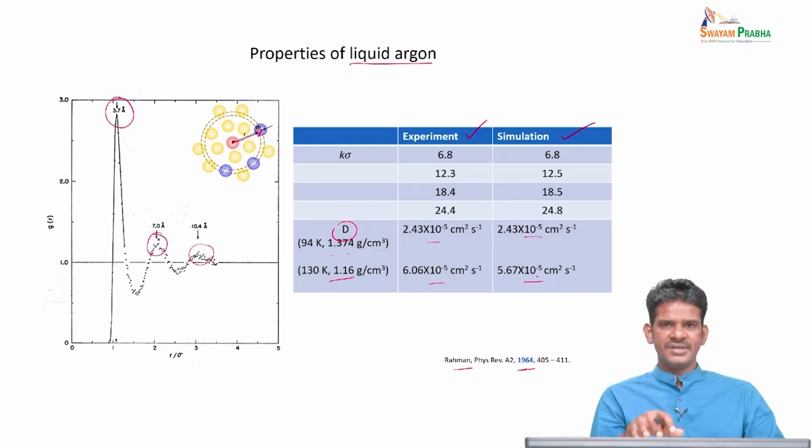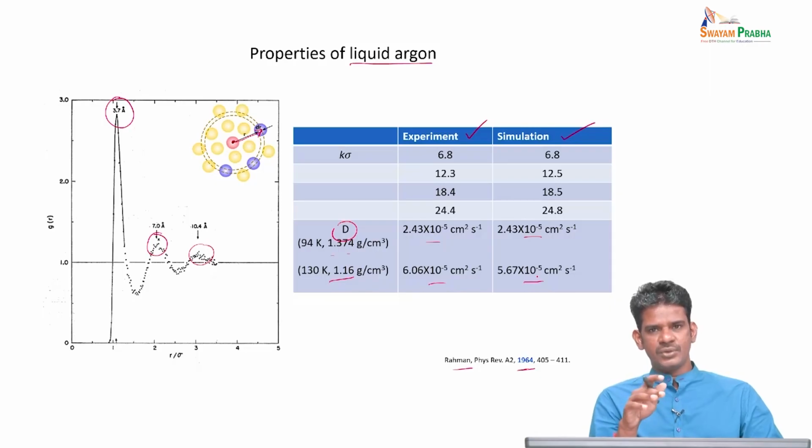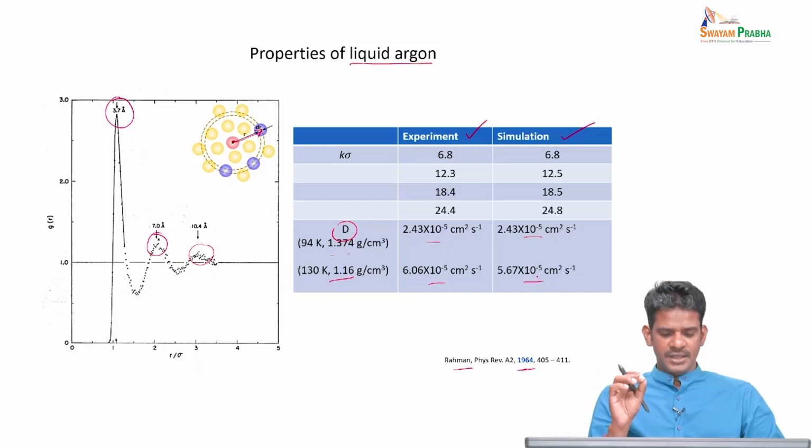So what this example tells you is that it is possible to construct a model for a real system, in this case liquid argon, and carry out molecular dynamics simulations, and then you can actually predict the transport properties and structural properties, which exactly match with experiment. So MD simulation can in principle give you a quantitative prediction of experimental results.